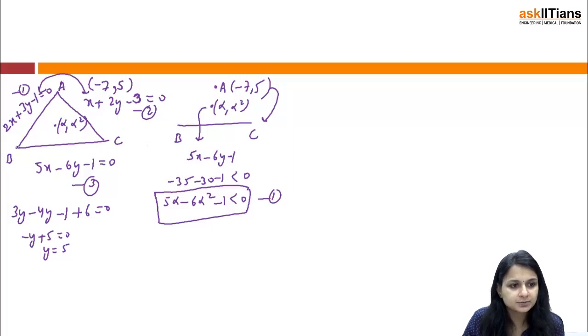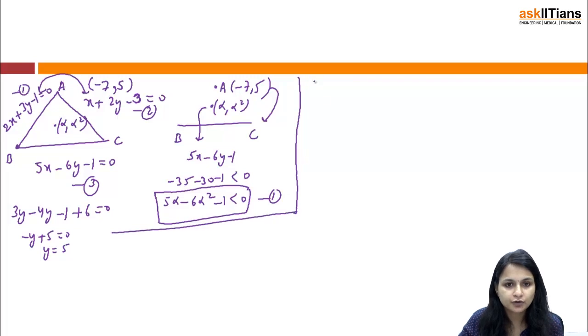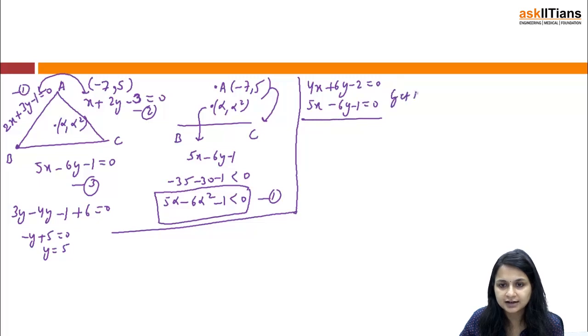I'll take the point B. To get the point B, I will multiply the first equation by 2. So this becomes 4x plus 6y minus 2 equal to 0. And I had another equation, 5x minus 6y minus 1 equal to 0. So I will get B from this. I will add them.